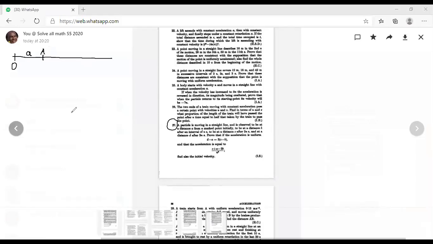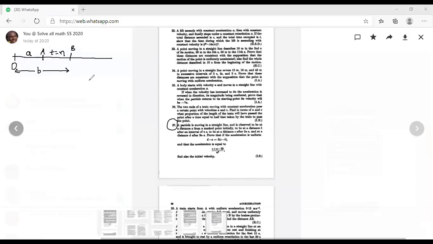Then to be a distance small b after an interval of n seconds. Now it is here at position B. At B, it has covered a distance of small b. But in how much time? In a time which is n seconds.